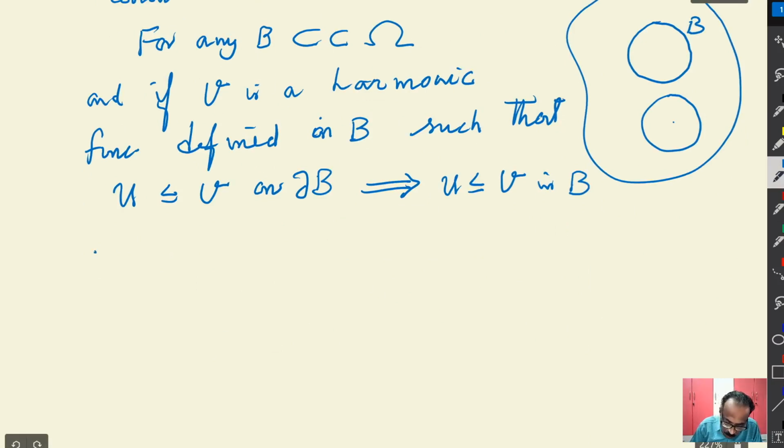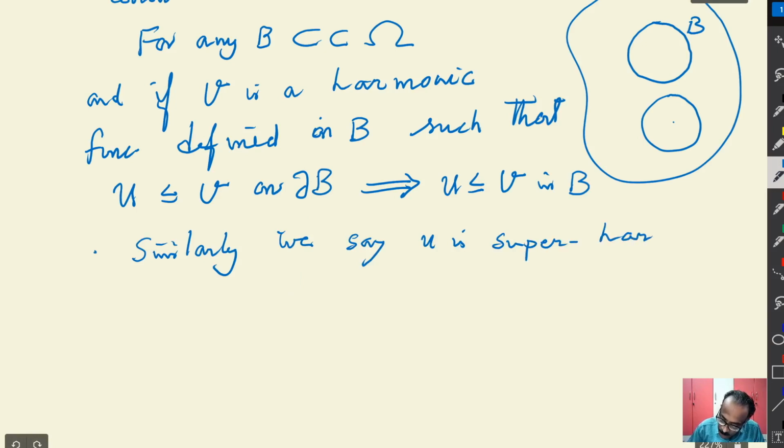Similar definition for superharmonic. If we say u is superharmonic, we say u belongs to C of omega, so you see that's why it is a generalization. Superharmonic if minus u is subharmonic.